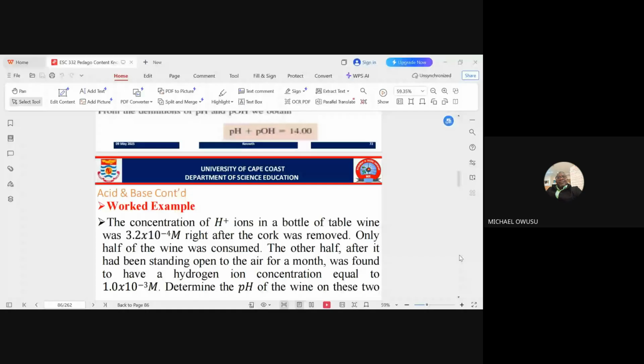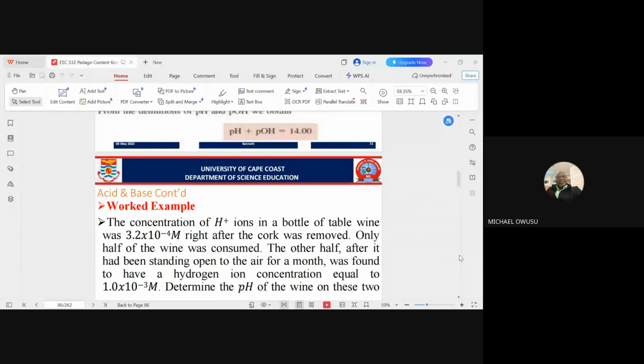What is the hydrogen ion concentration of a solution whose pOH is 11.5? Are you okay with the question? Yes, Doc, we got it.